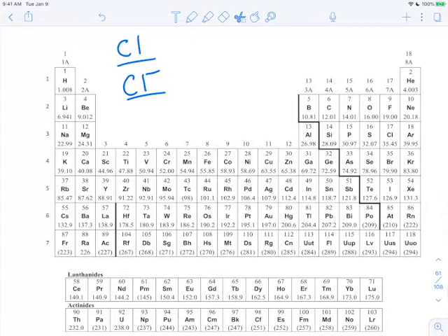So find those two electron configurations. And chlorine is right over here. If you'd like, you can use the noble gas abbreviation on this one. So I'll leave that one up to you if you want to use that abbreviation.